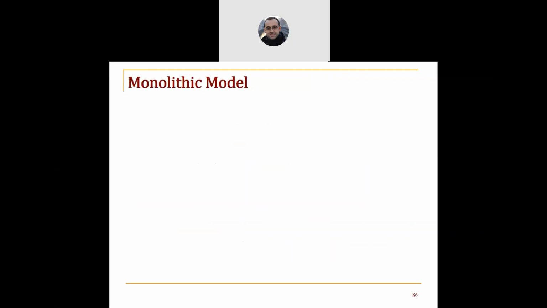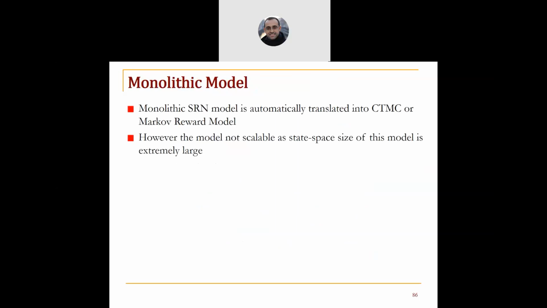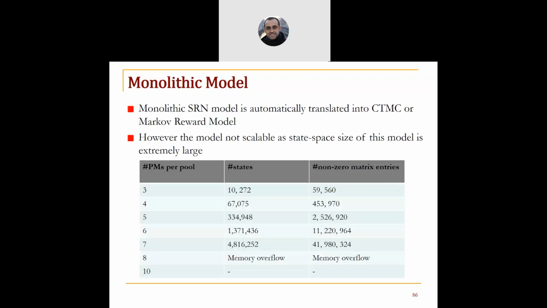But coming back to our monolithic SRN model, it is automatically translated into a CTMC or a Markov reward model. However, the model is not scalable as the state space size of this model is extremely large. To show you the example, suppose that I have 3 machines in each pool, 3, 3, 3.